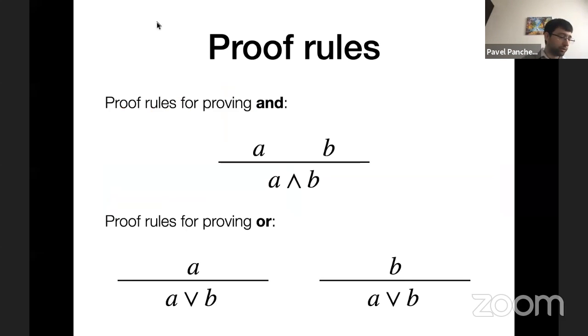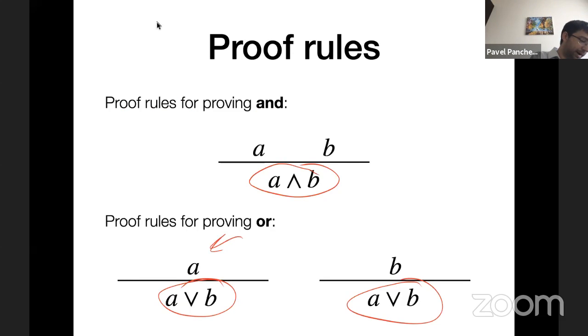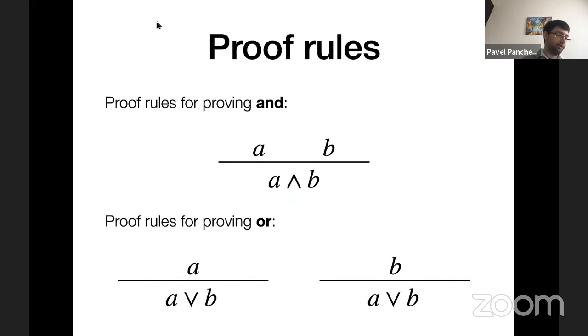In the rules I've written down, we've always got the thing that we want to prove, like an and, at the bottom. And then the stuff above tends to take the form of arbitrary variables. So these are proof rules for and, or.